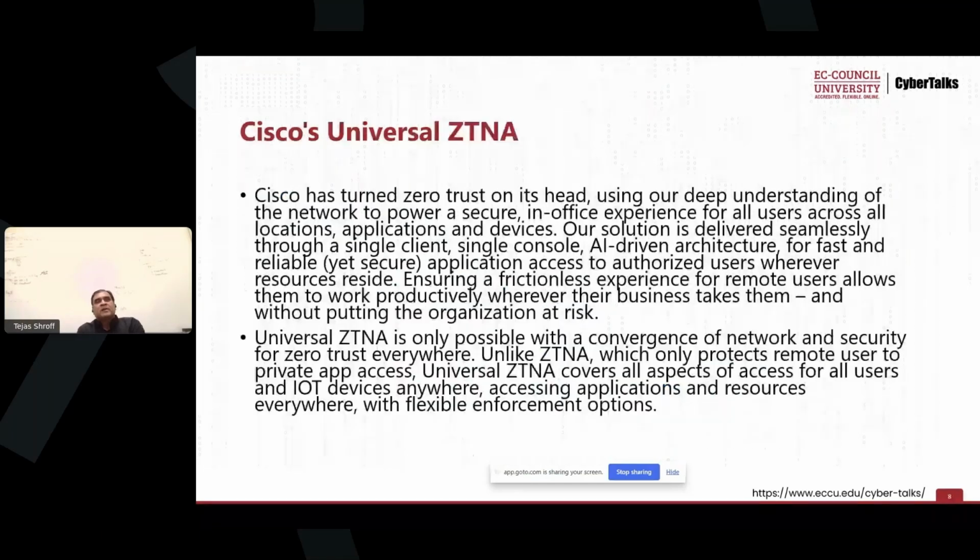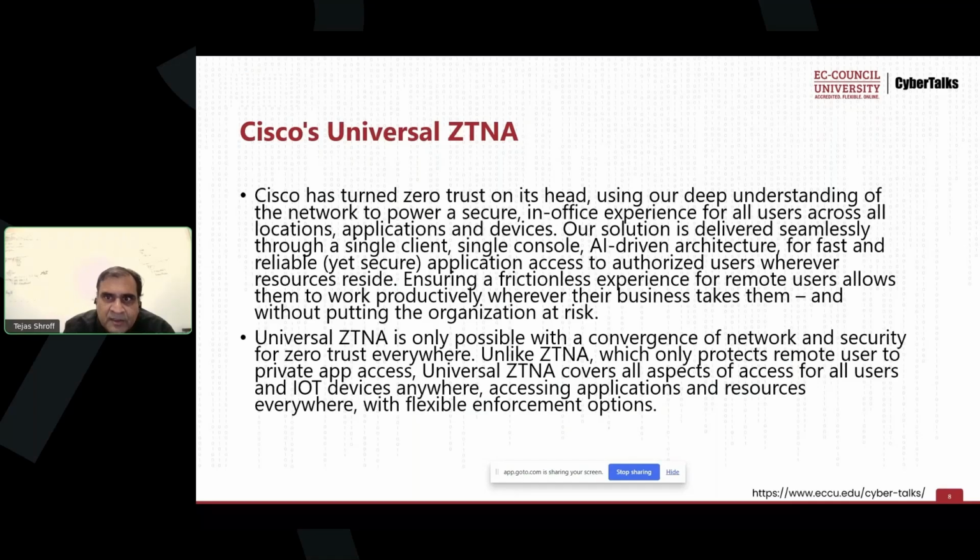Cisco has gone a step further and created something called universal ZTNA, which is kind of an upgrade on regular ZTNA. So Cisco, and we all know Cisco, right? Very few companies know network as good as Cisco.